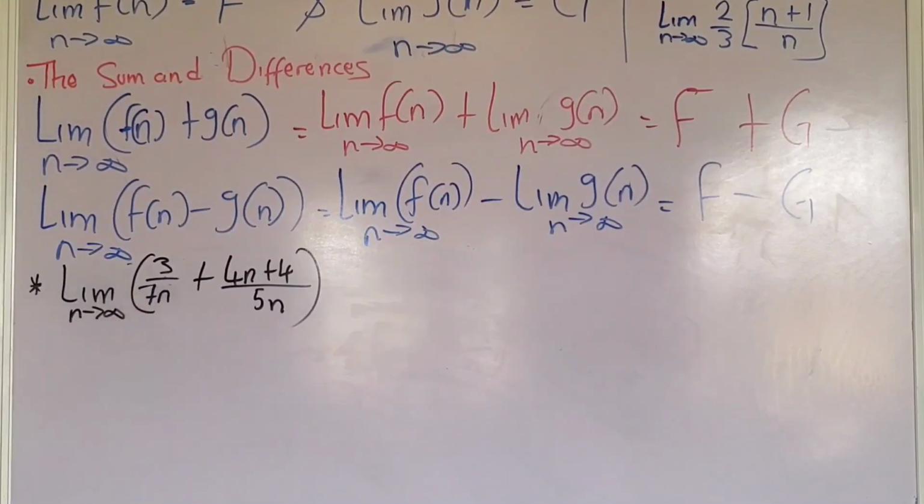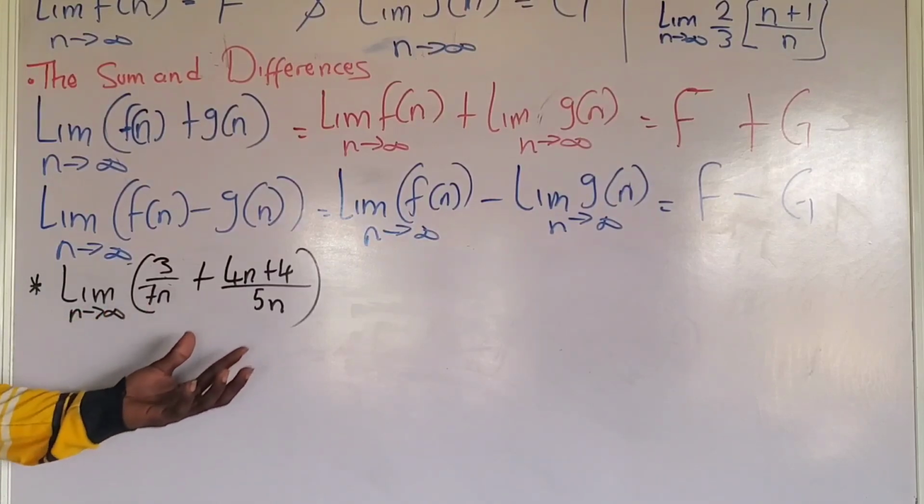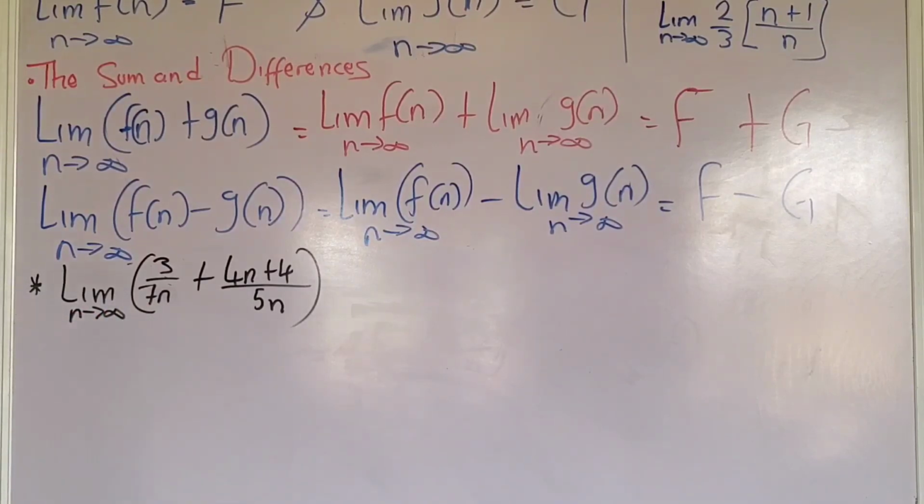Now, look at this question. You can see that the sign between the functions in the brackets is an addition sign. So we use the addition rule of the limit of a function. And how do we go about that? According to this rule, the limit of the sum of functions is the sum of the limits of those functions.